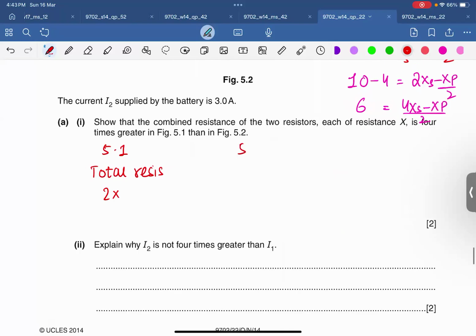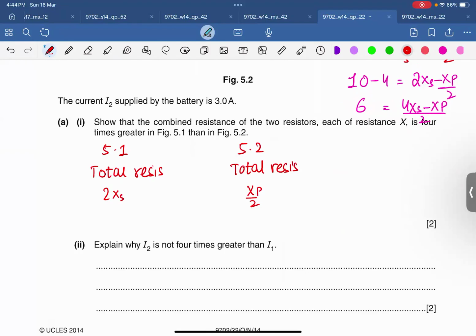And in 5.2, the total resistance is just x over 2, right? So if we just relate, this is the series one and this is the parallel one.